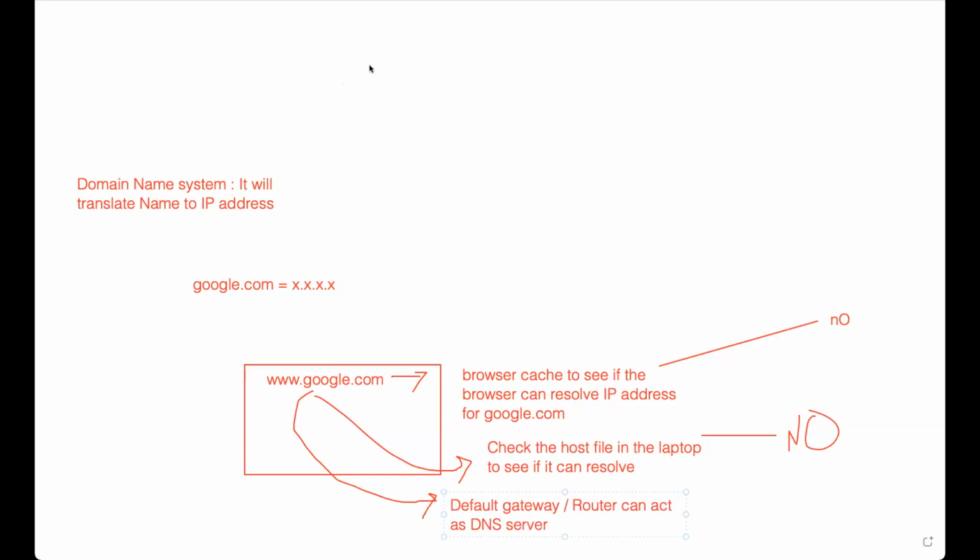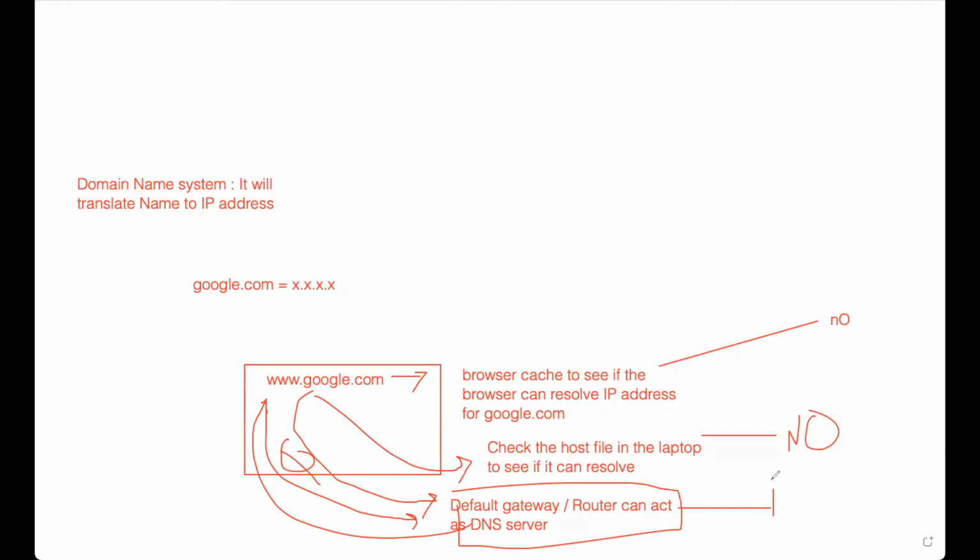You will send a DNS query message. If the router can resolve that, it will send the IP address back to the PC. If it is no, then the request will be sent to an external DNS server.